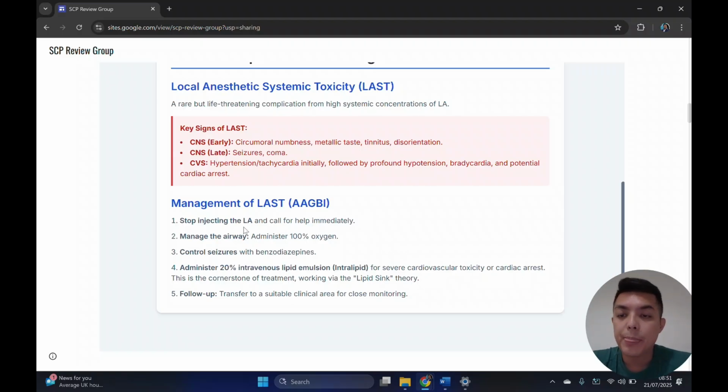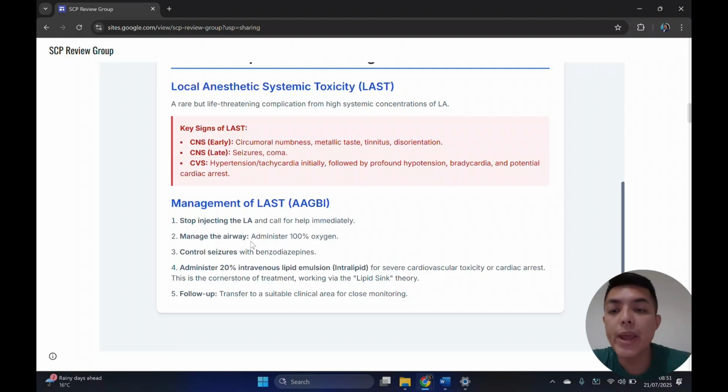Next is management of LAST from the AAGBI, the Association of Anaesthetists of Great Britain and Ireland. First and foremost, you stop injecting the local anesthetic and call for help immediately. All clinical environments have a red button, so you press the red buzzer immediately.